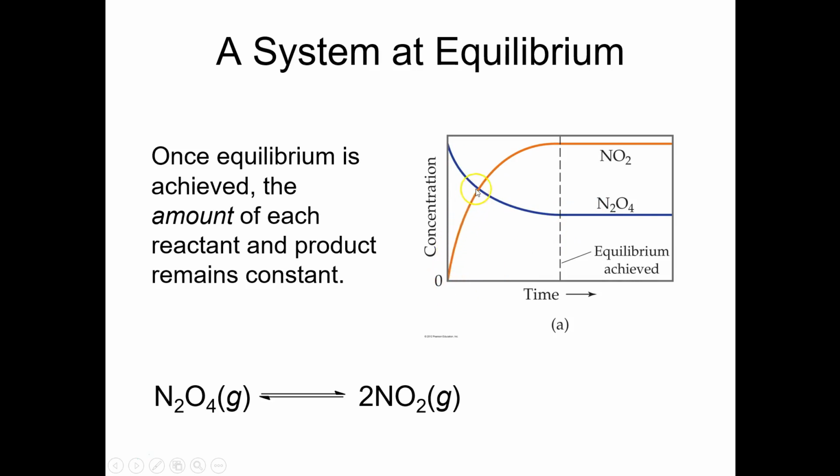The product concentration goes up until you reach equilibrium. But those concentrations are not the same as each other. They do remain constant after equilibrium is reached. What is equal to each other at equilibrium is not the concentrations of reactants or products, but the rate of the forward reaction is equal to the rate of the reverse reaction.